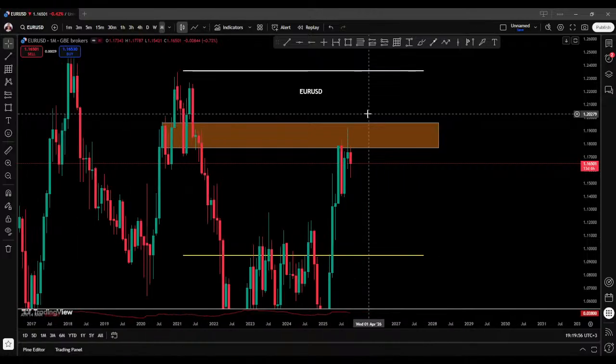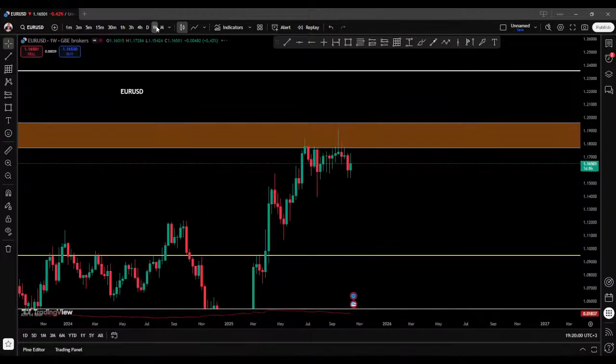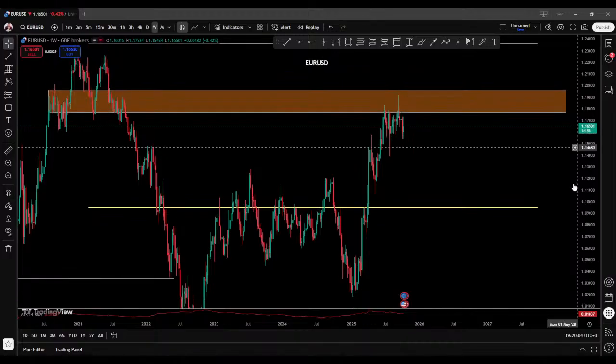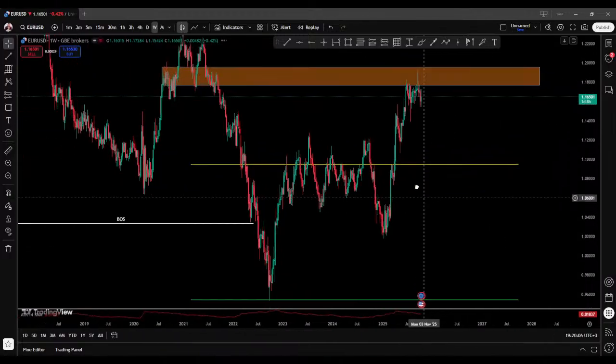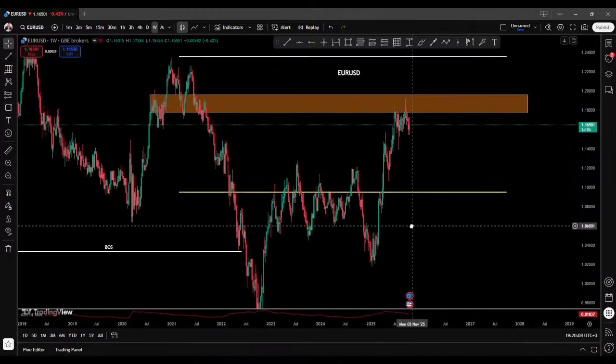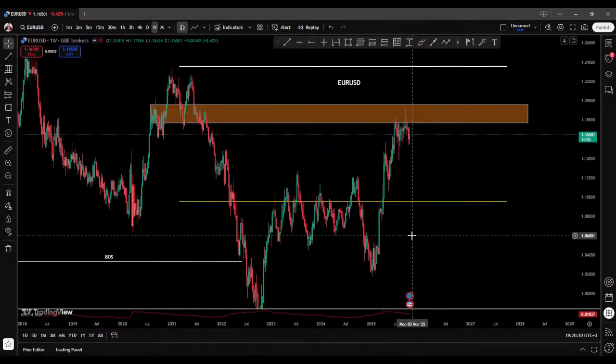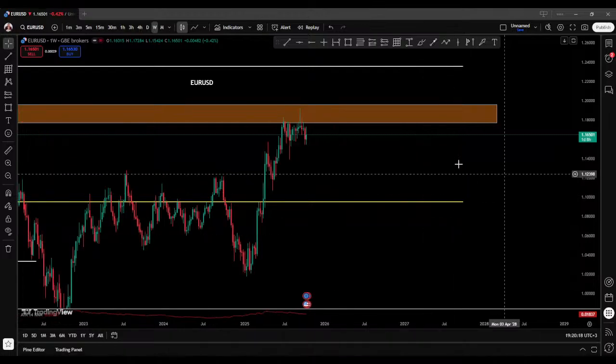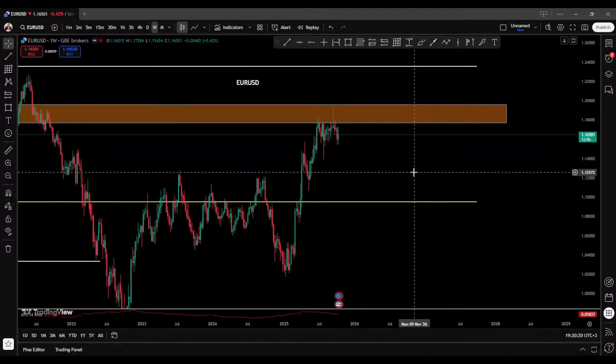So what about weekly? Here we are in the weekly time frame. So we know that we are supposed to be selling the market.